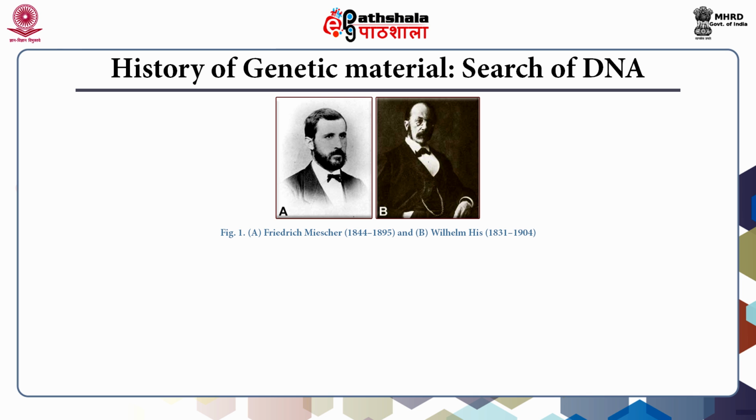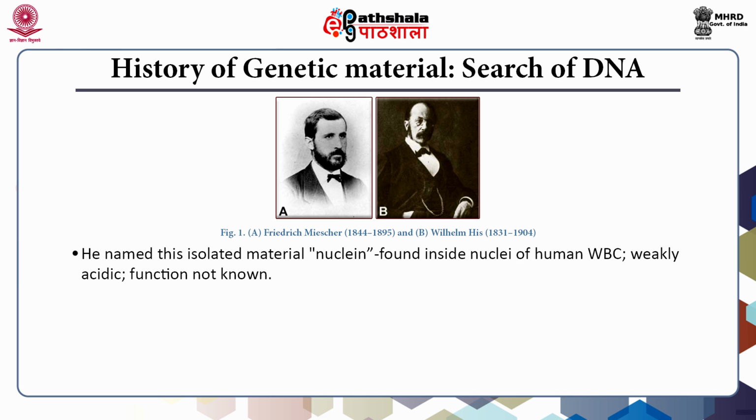Mitra purported the isolation of a material in the nuclei of human white blood cells, which was weakly acidic in nature and whose function was not known. He named this material nuclein.